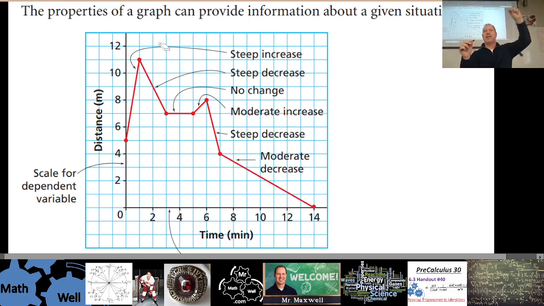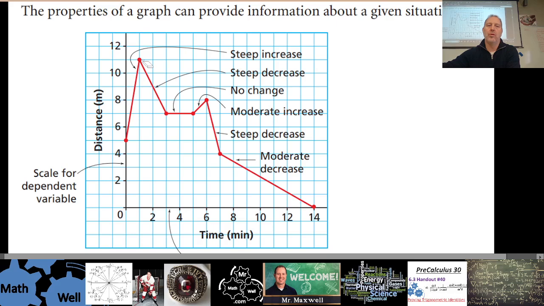The slope of the line connecting those 2 points would be the ratio of the change in the vertical quantity divided by the change in the horizontal quantity between 2 points. I'll talk more about slope as we go through. But this is a rate of change. So in 1 minute, this person walked 6 meters, or crawled 6 meters or whatever. So the rate of change was 6 meters per 1 minute. Does that make sense?